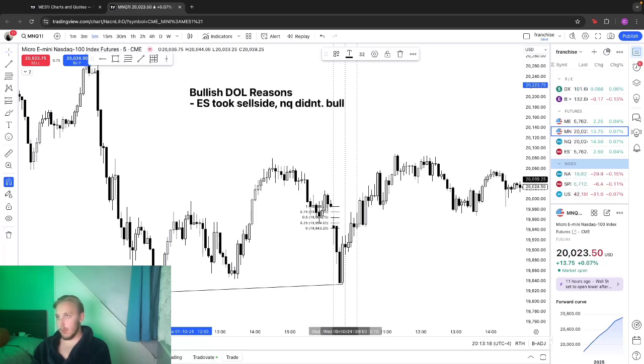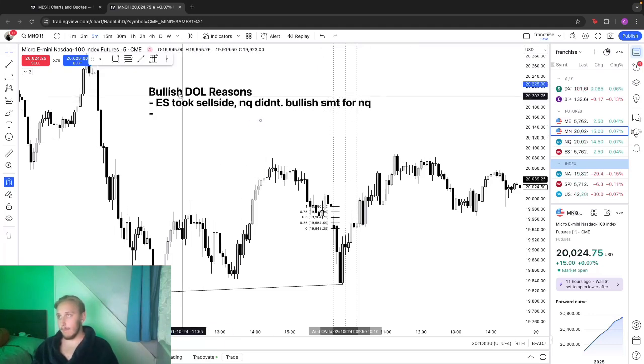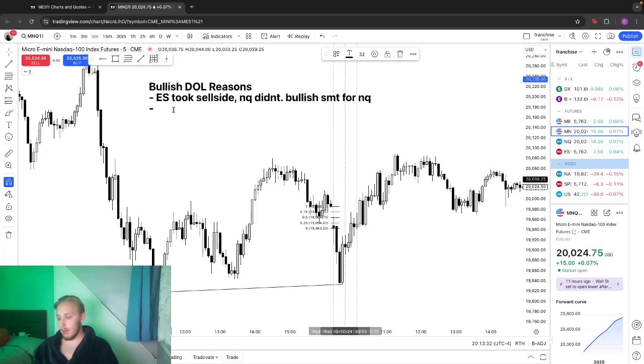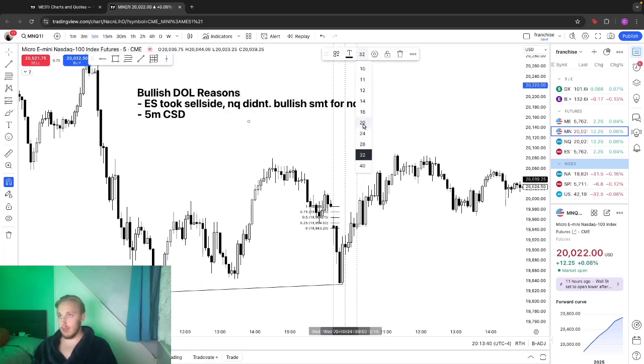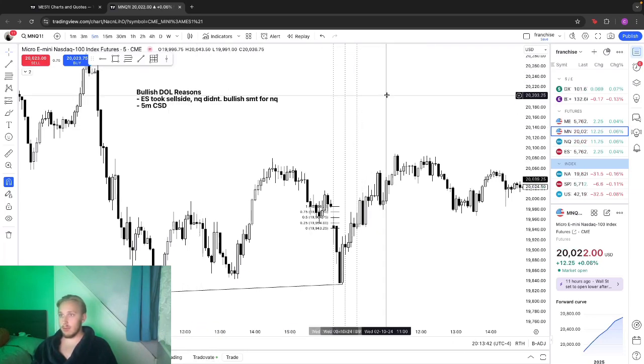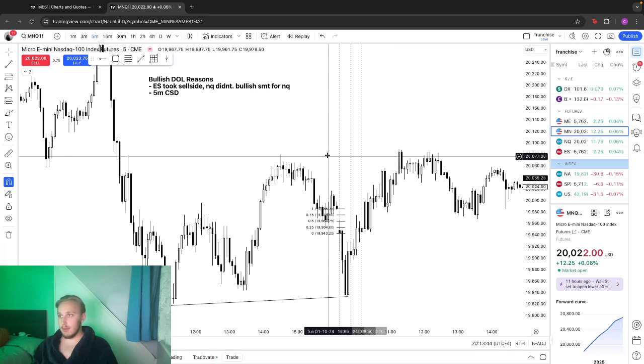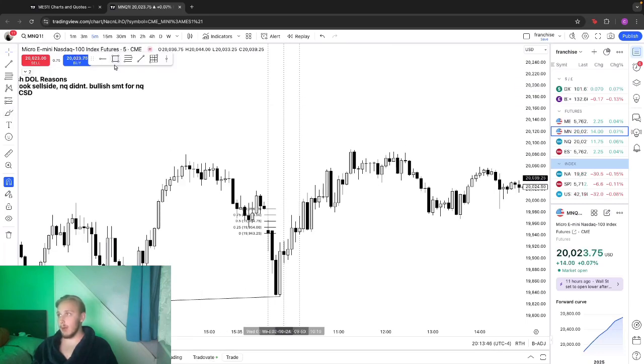So we've got bullish SMT for NQ. We're about to get on to our next reason. Now this arguably is the strongest confluence in my opinion.